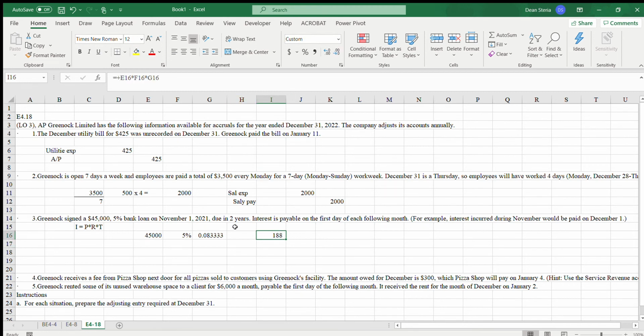Now we have to break it down by 1/12 because when they give you the 5%, that's annually. Okay, so the way I'm going to do this is I'm going to debit my interest expense, credit my interest payable, for $188.